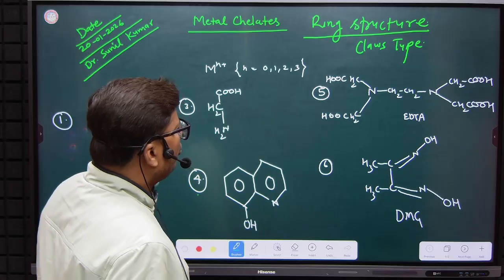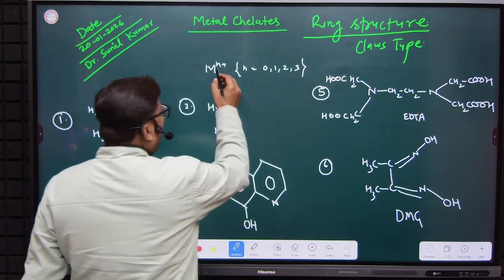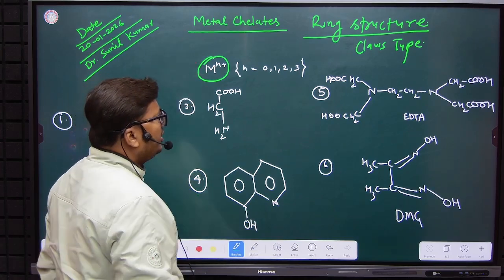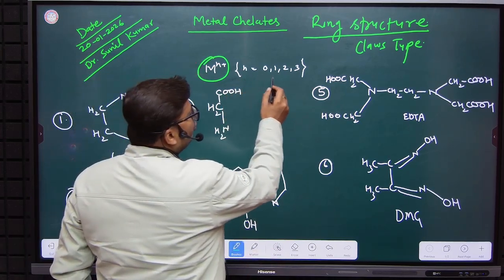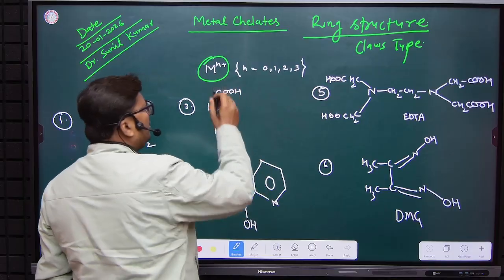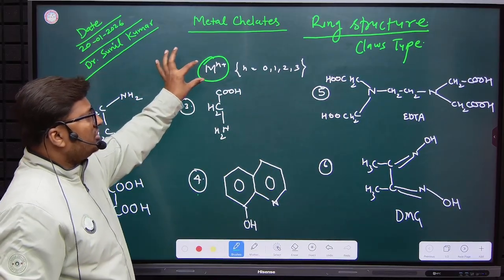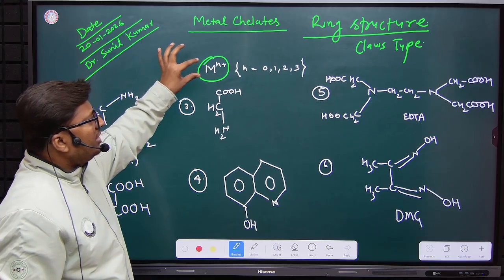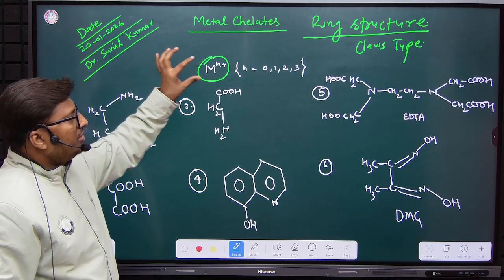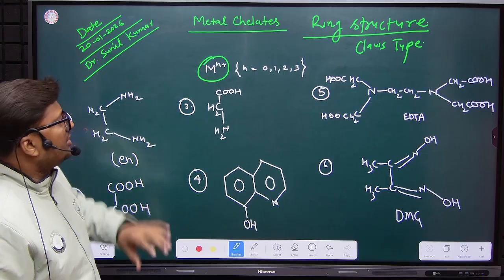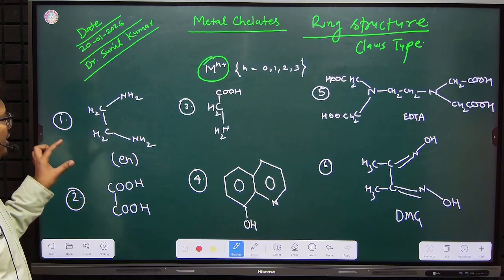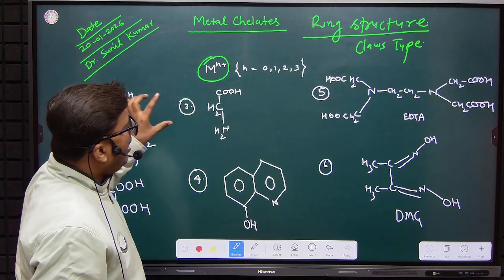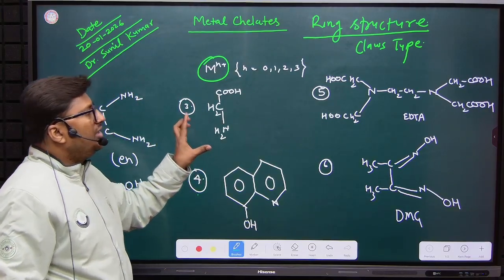Here we have shown M n+, the metal in a particular oxidation state, where n is equal to 0, 1, 2, 3, 4, like that. It may also be a minus oxidation state. Whatever oxidation state is suitable for the metal cation prefers specific ligands. Here we have shown various examples which act as chelating ligands.